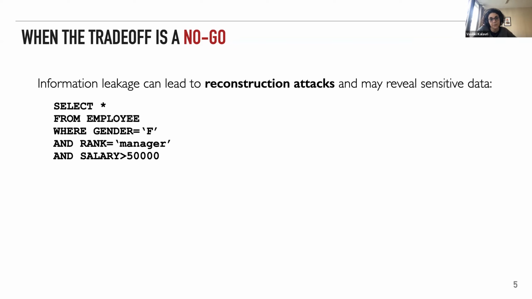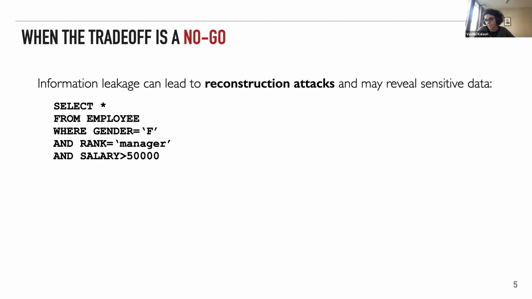So with regards to information leakage, there is a lot of research that shows how even the slightest leakage can lead to reconstruction attacks and may reveal sensitive data. So take, for example, this wage gap study that I mentioned before, and let's say we have a subquery that selects women managers with a salary within a certain range.